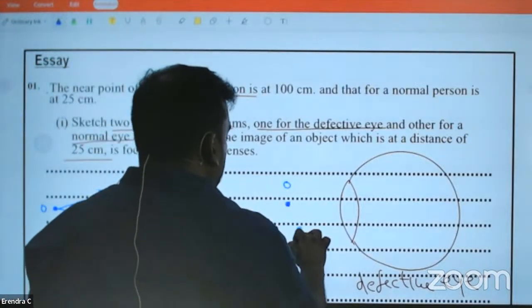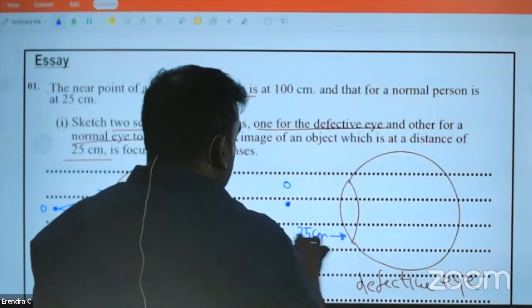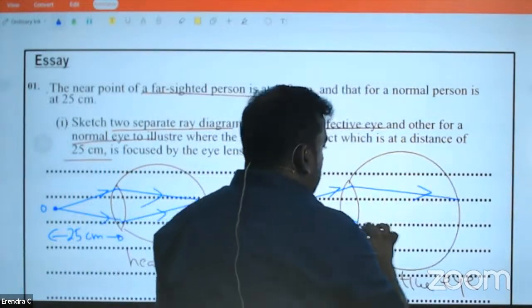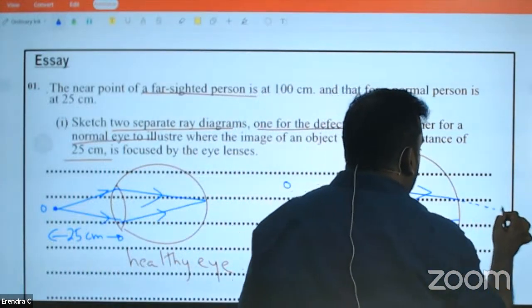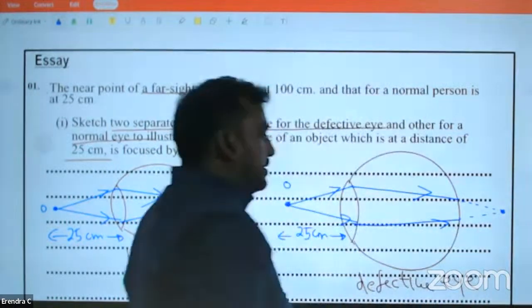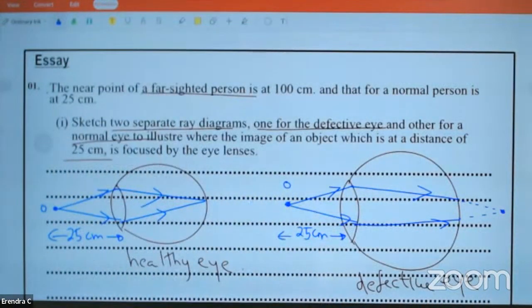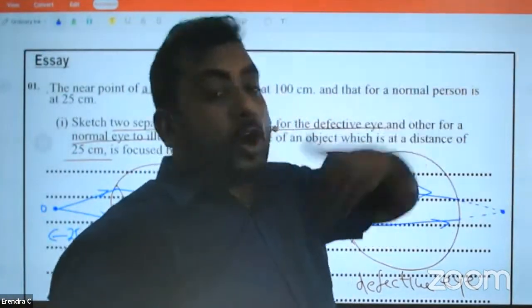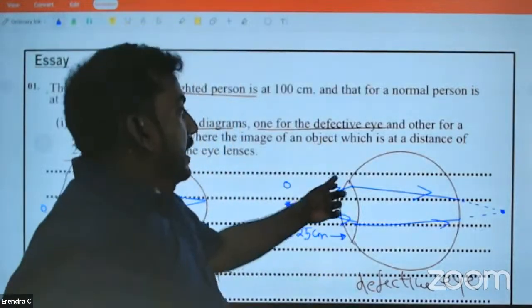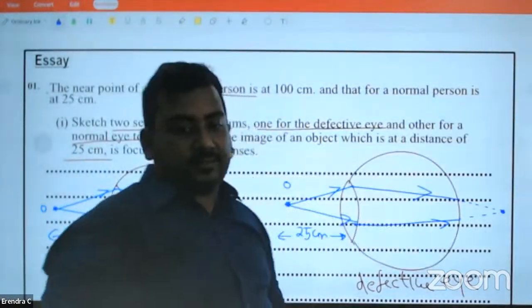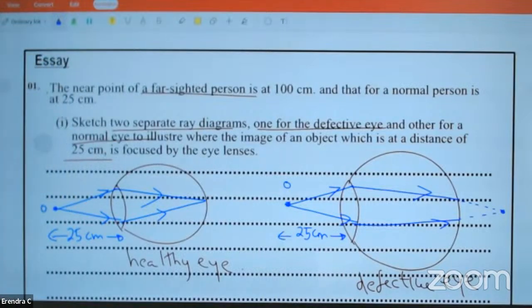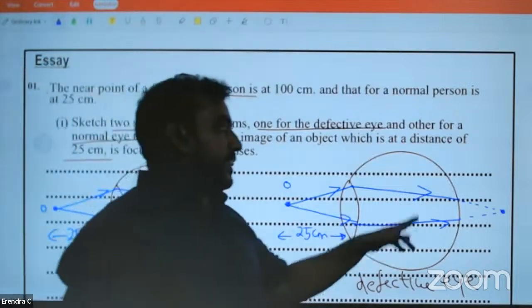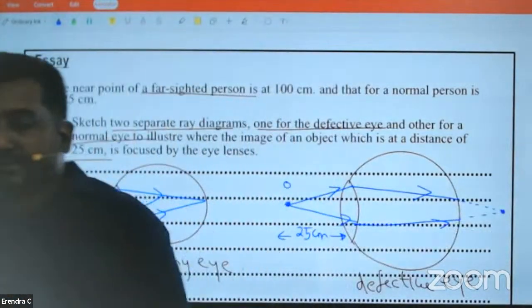Defective eye, far-sighted, long-sighted: light rays will converge behind the retina. This is the problem. Long-sighted people, light rays are converging behind. So at 25 centimeter, healthy eye on the retina, defective eye behind the retina.